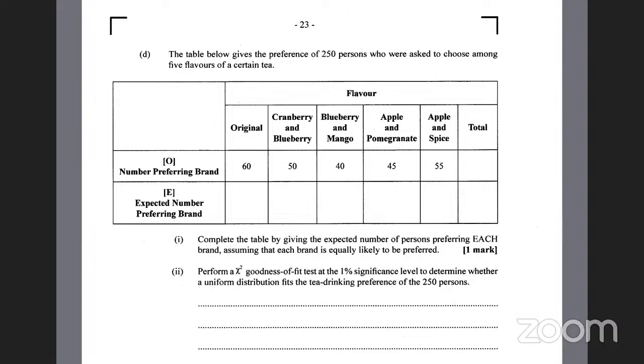We just send in the final thing. So what y'all got here for the expected? What y'all got for the total of the observed?